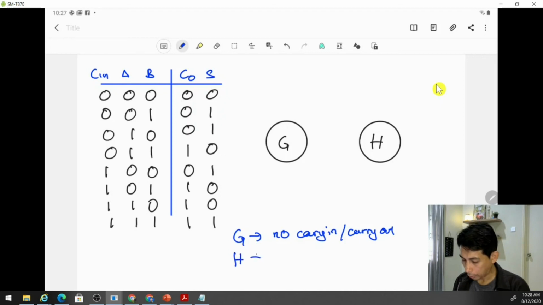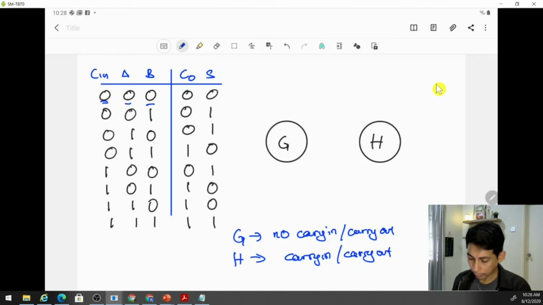At state H, you have carry in and you have carry out. All right. So when we are at state G, we have input A and B. So we have two inputs, and also carry in.